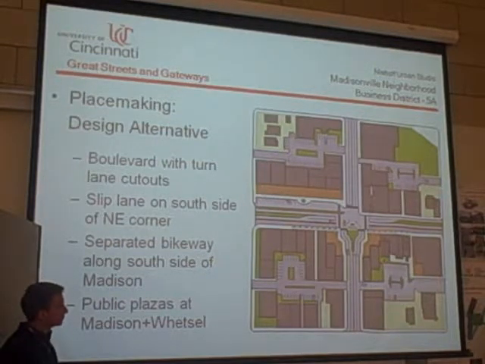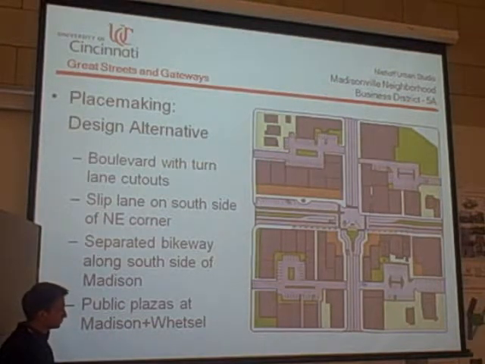So this alternative here doesn't necessarily adhere to some of the setback requirements or even some of the density requirements, but it's kind of an amalgamation of the existing zoning code as well as the form-based code scheme. The roadway here on Madison, instead of having a 2-lane roadway with optional parking on both sides, we decided to have more of a boulevard layout with lane cutouts at the intersection of Madison and Wetzel.